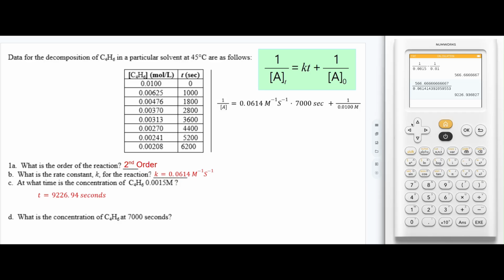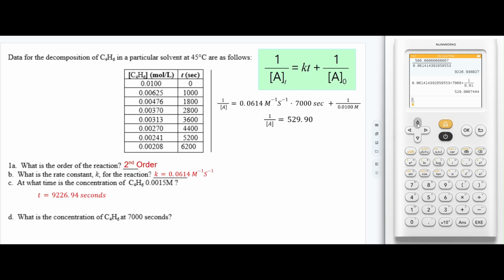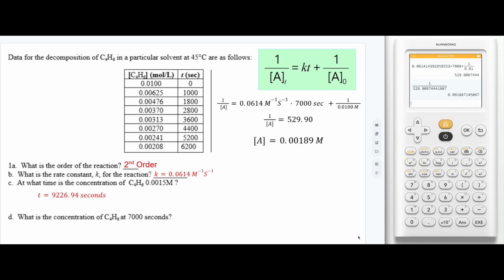So 0.0614 times 7,000 plus 1 over 0.01. That's going to get us 529. Now we're going to divide 1 by 529 to get our final concentration of 0.00189 molarity.